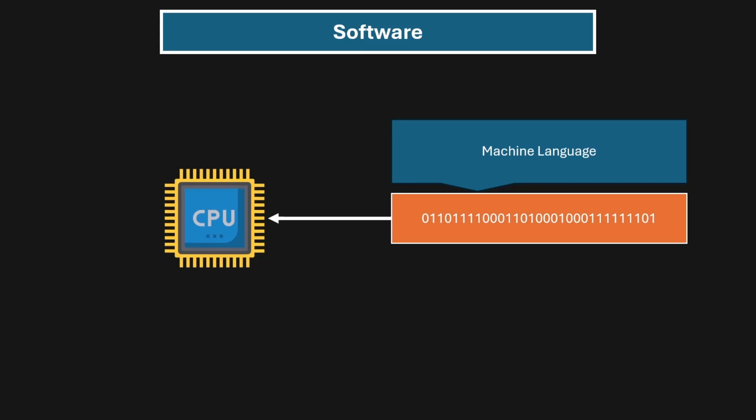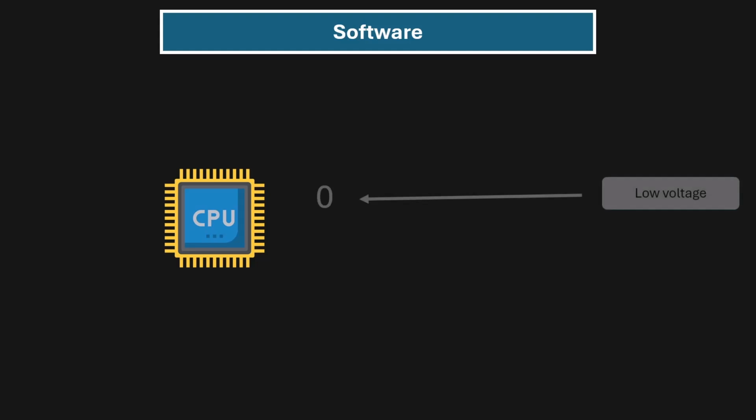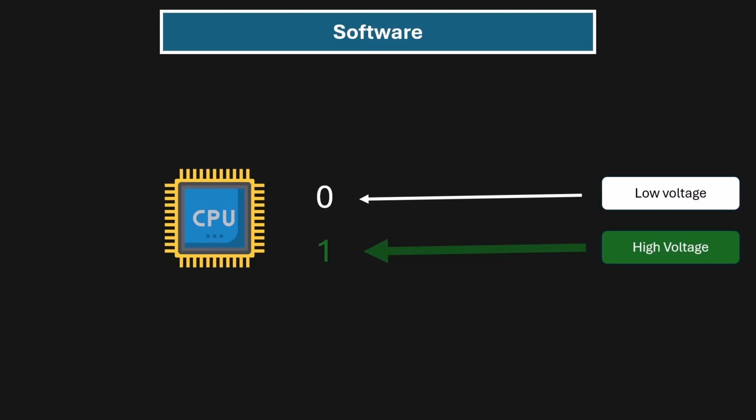Now, why 0 or 1? Because engineers realized that if we have a wire, we can consider low voltage as a 0 and high voltage as a 1. Using these low and high voltage levels, it becomes possible to control everything on the CPU.